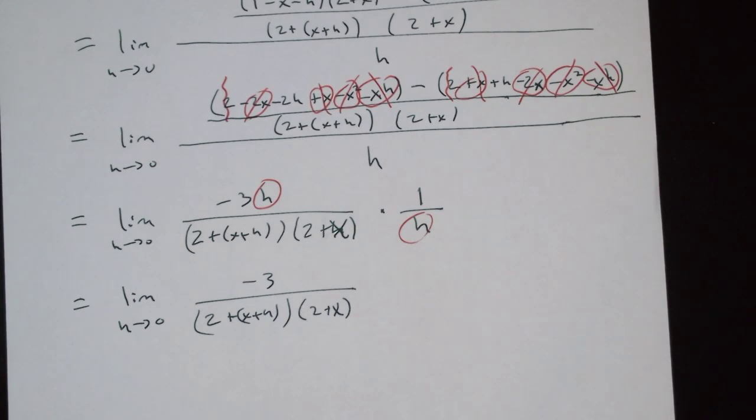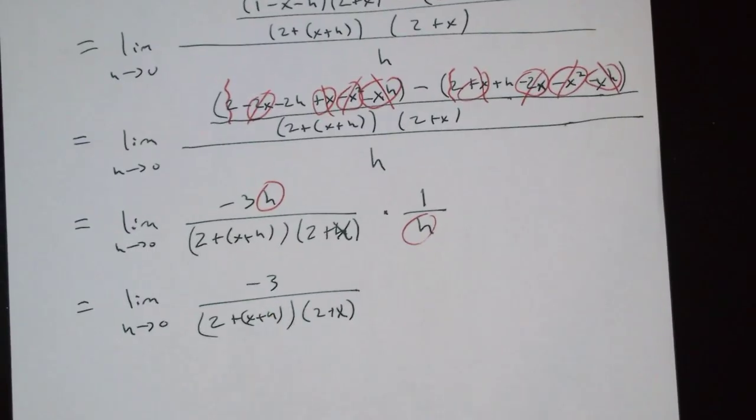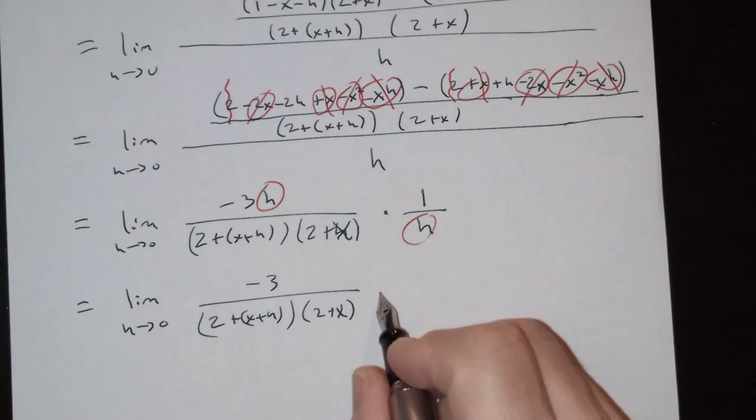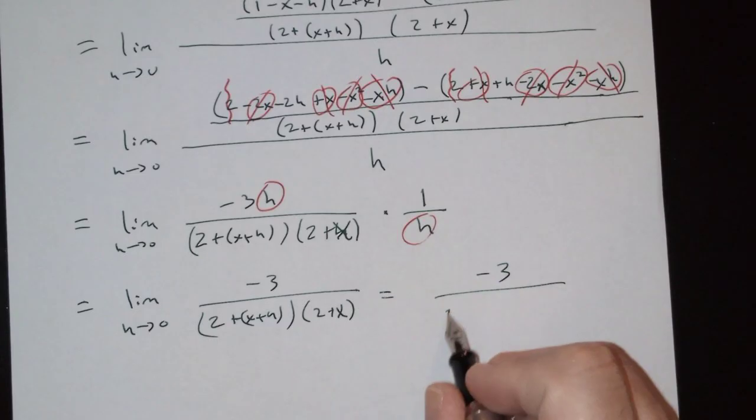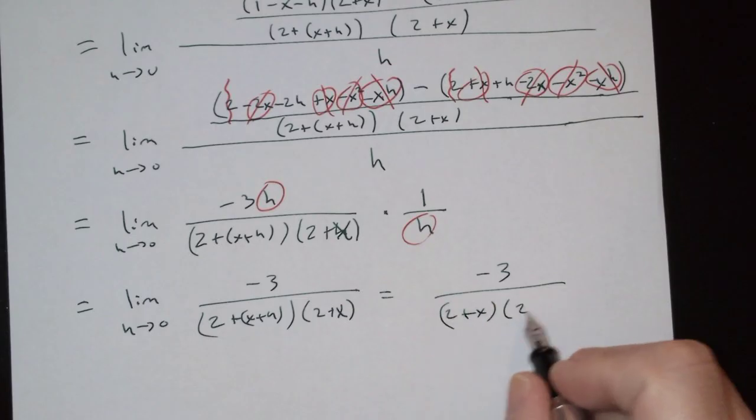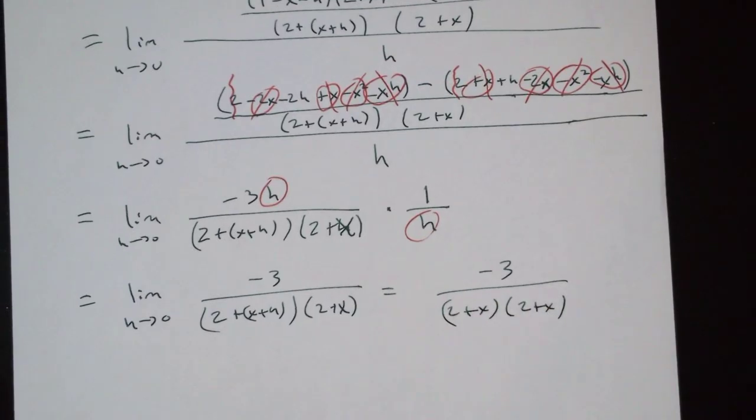This little h right here is gone, and that makes the thing in the left parentheses 2 plus x. Wait a minute, that's the same thing on the bottom twice, isn't it?